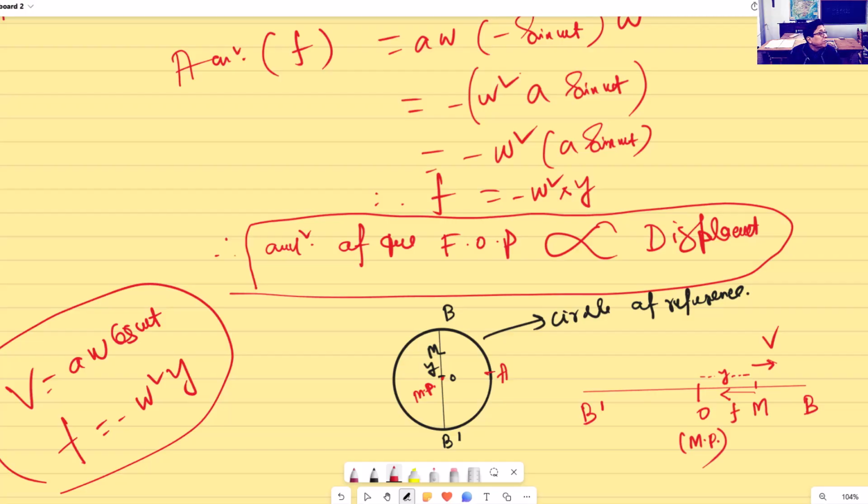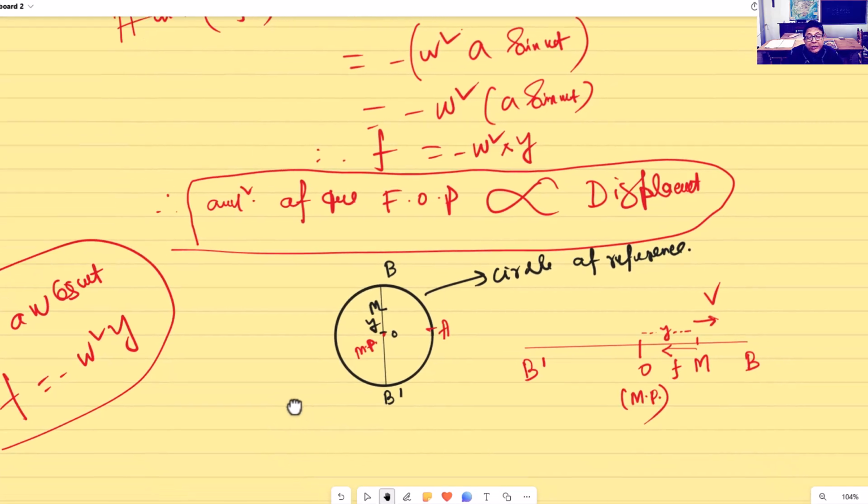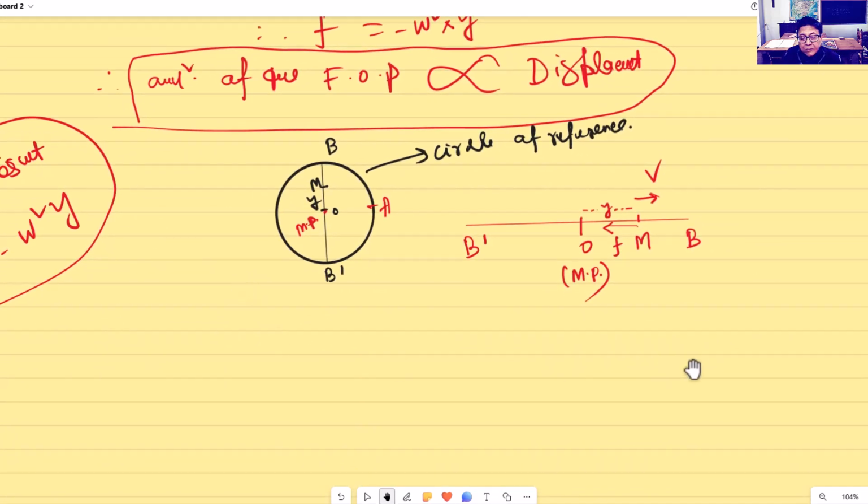This special type of motion will be referred to as simple harmonic motion. Okay? So this definition we got here, SHM I am defining.